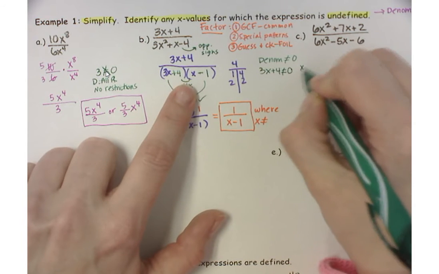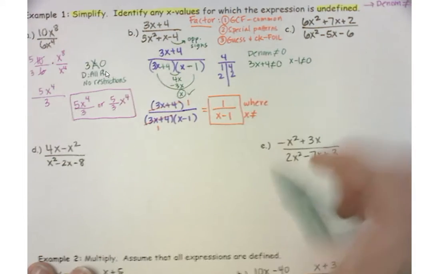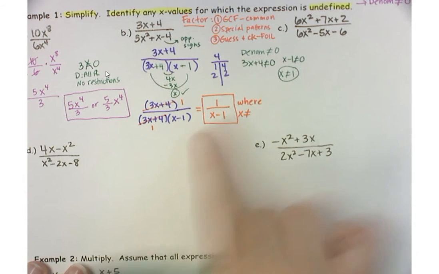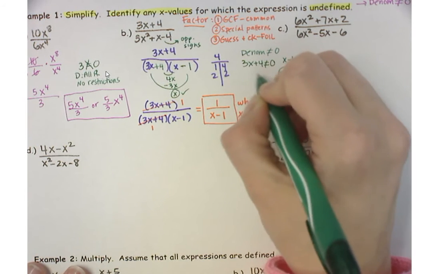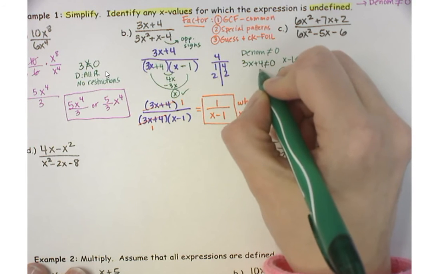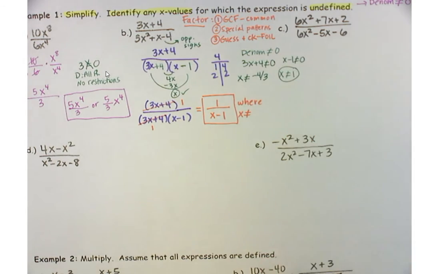Can we do that in our head, moving it over? Subtract 4, divide by 3. So x cannot be -4/3. Okay, so we're going to say we have 1 over x minus 1, where x cannot be 1, comma, -4/3. So you have to include both of those.